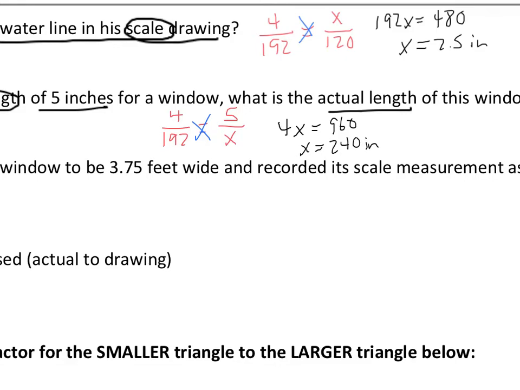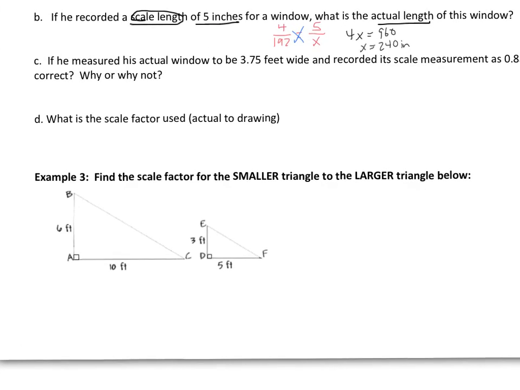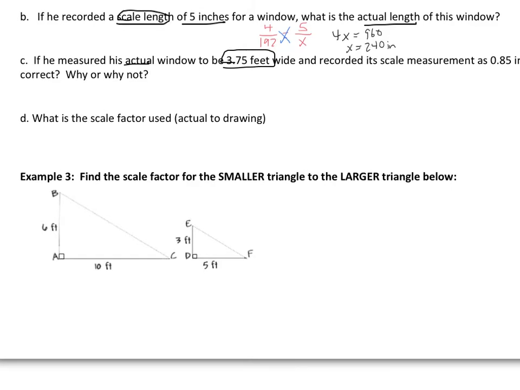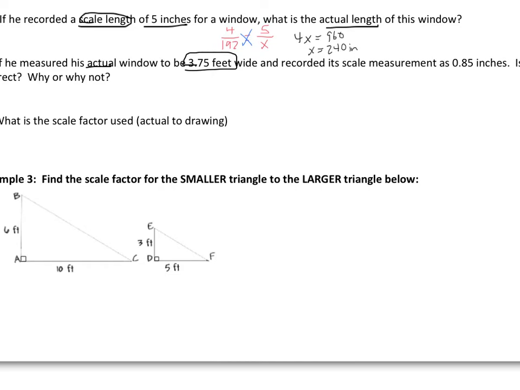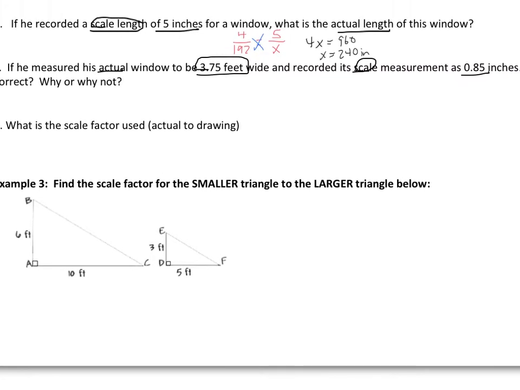This next question has us compare a calculation and check it. If he measures the actual window to be 3.75 feet and recorded a scale measurement of 0.85, is he accurate or not? Is it correct? Well, we know there's two things we're going to do here.